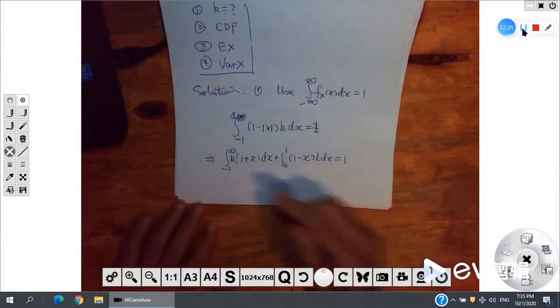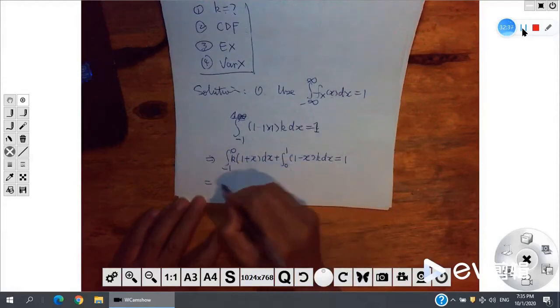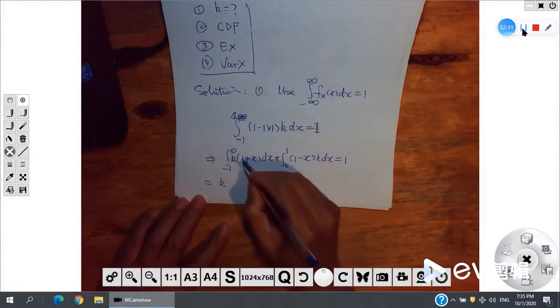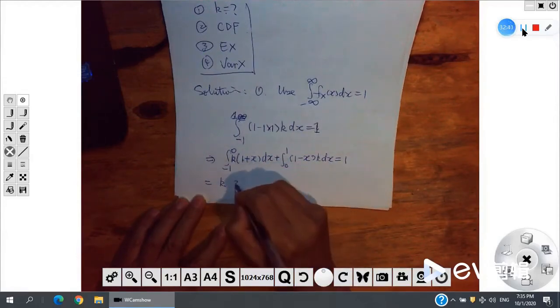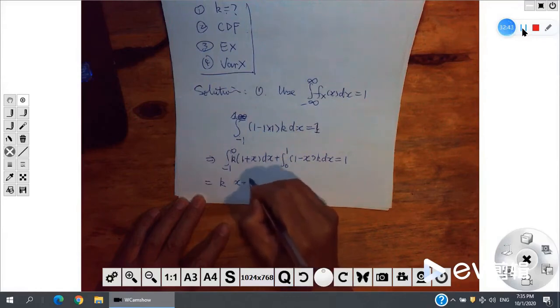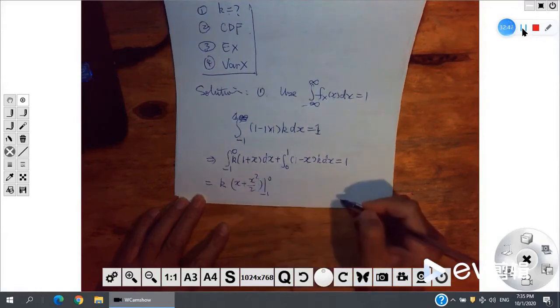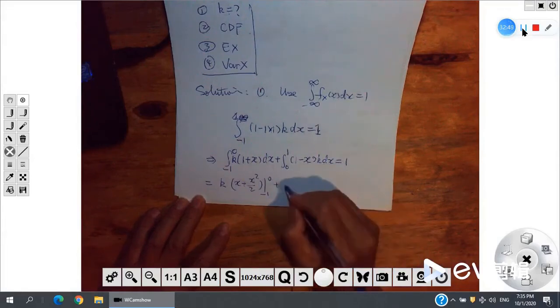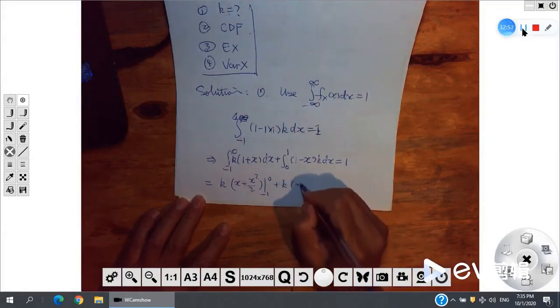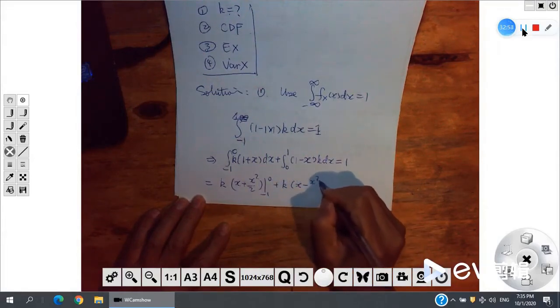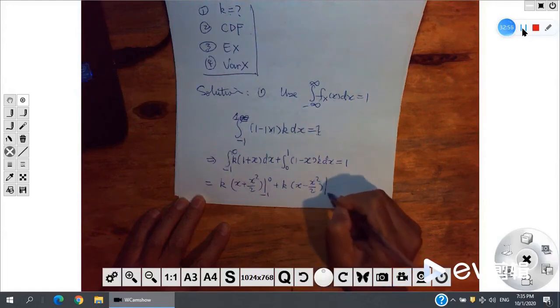Alright, then we do the integral. It is k times the integral of 1 plus x, which gives x plus x squared over 2 from -1 to 0. And plus, this one is similar: k times x minus x squared over 2, with x running from 0 to 1, equal to 1.